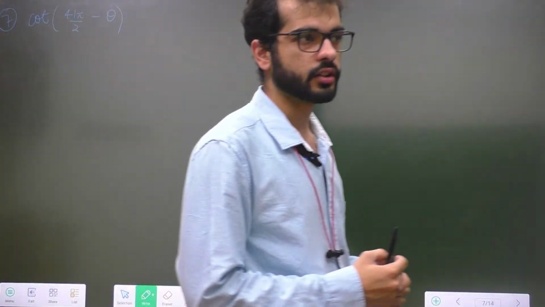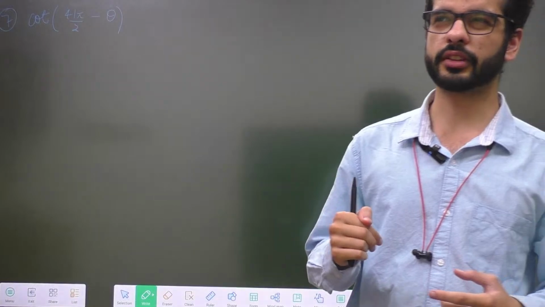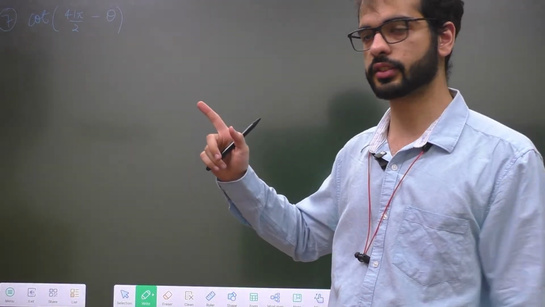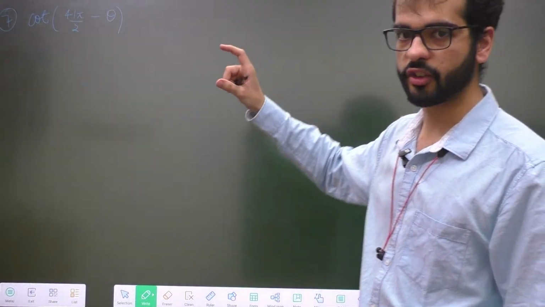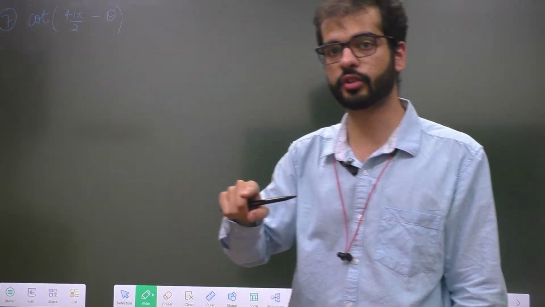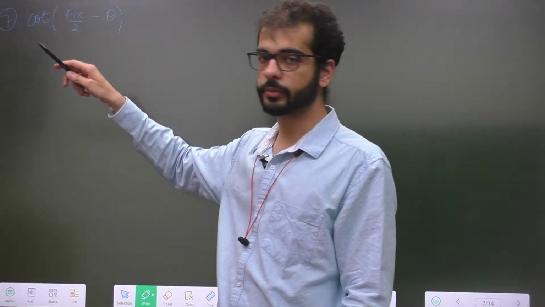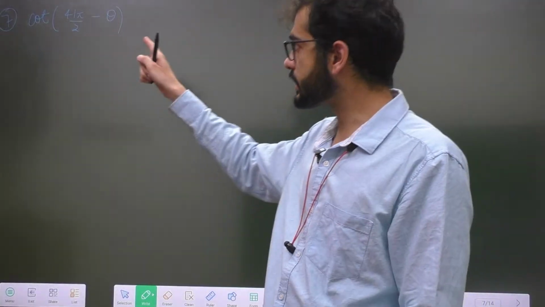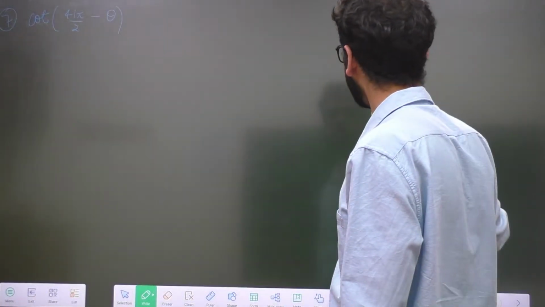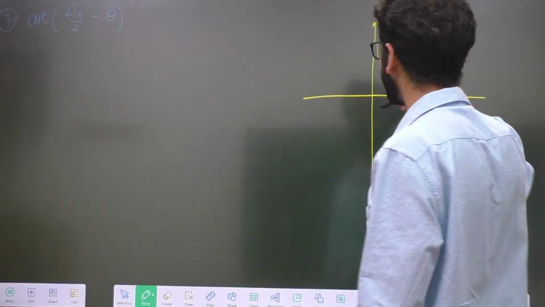Okay, now I have to solve cot of 41 pi by 2 minus theta. Let's recall the previous question that we discussed today. If I have a multiple of pi by 2 and the 2 cannot be removed from the denominator, that means this angle refers to the vertical axis.